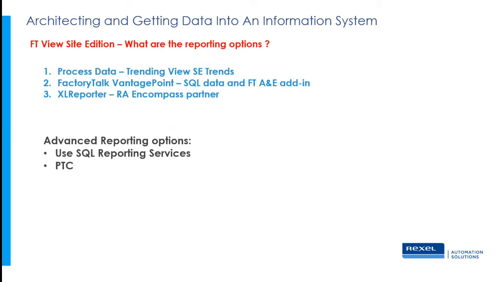So what are the reporting options with View Site Edition for process data? Right, we have trends. You'll see we've got a nice new Trend Pro object. We have FactoryTalk Vantage Point that's been around 10 plus years now. So it's really a site-wide reporting package, whether it be SQL data.